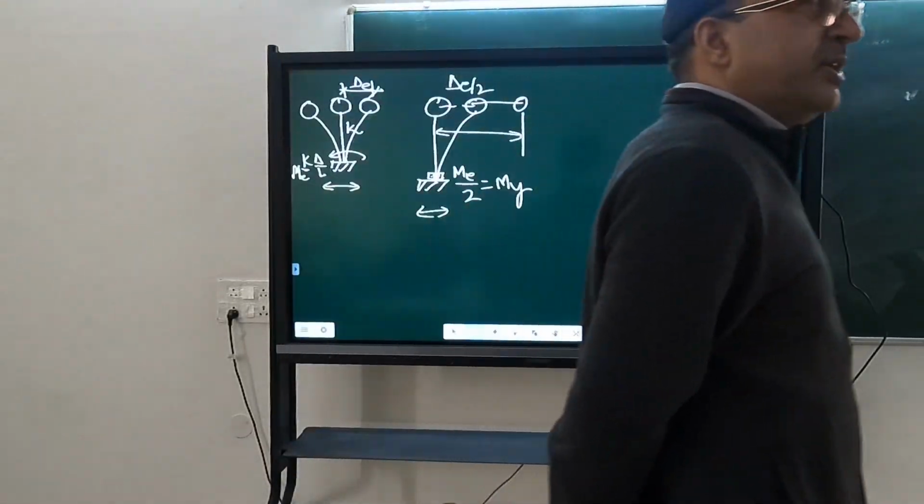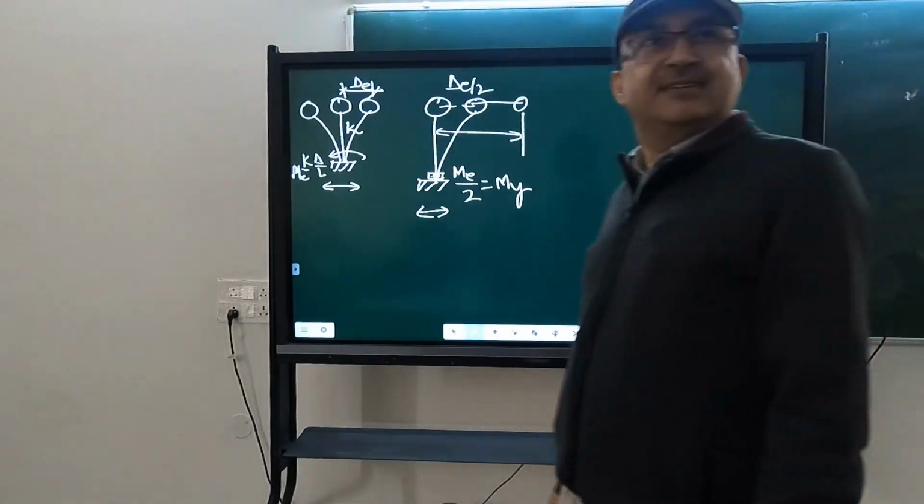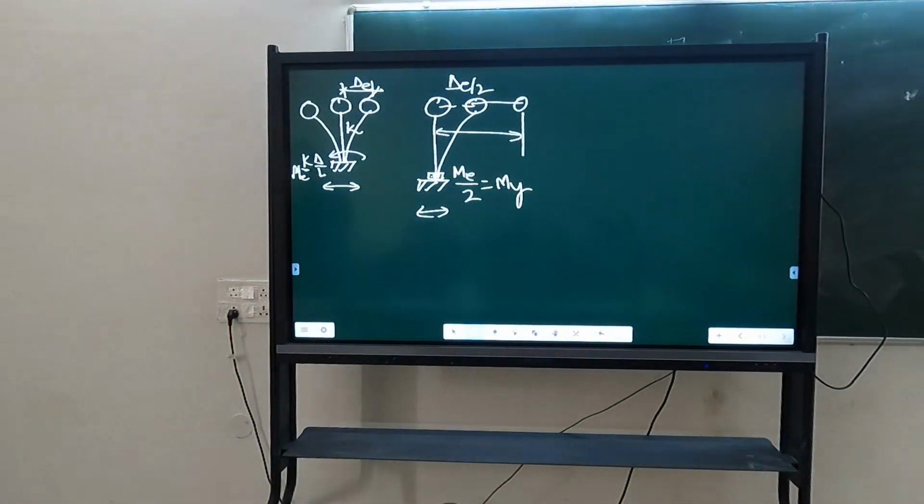Less than delta E or equal to delta E? These are the three options. More than delta. Equal displacement principle. Equal displacement doesn't say it will be more than or equal to.